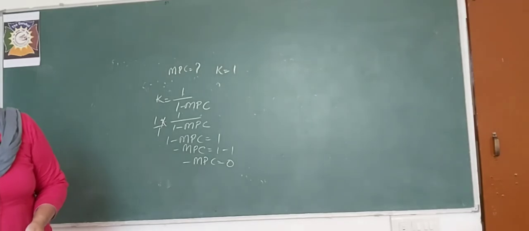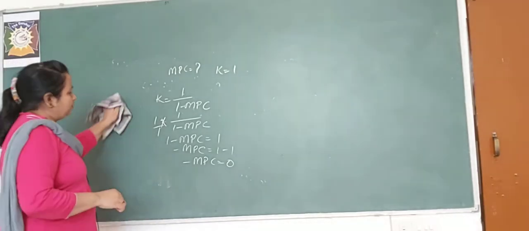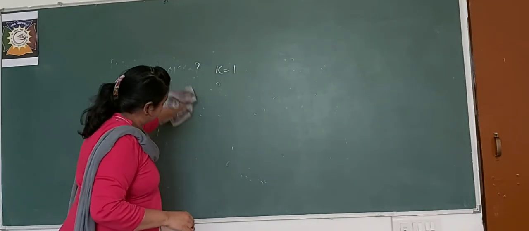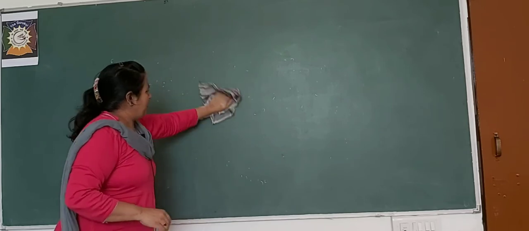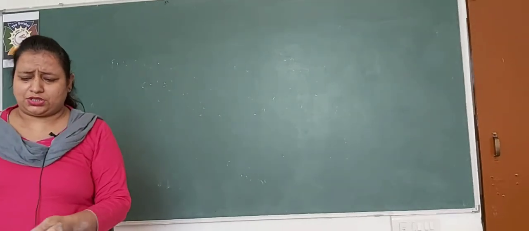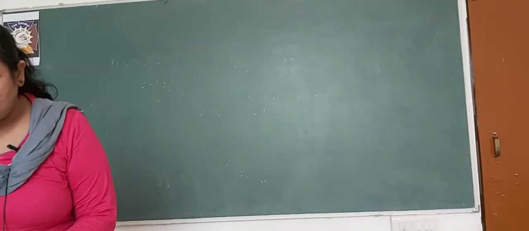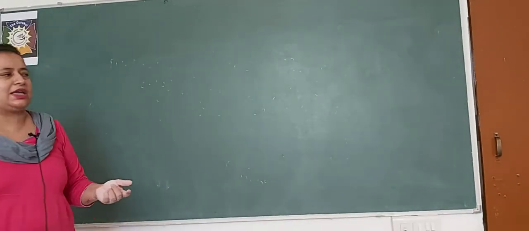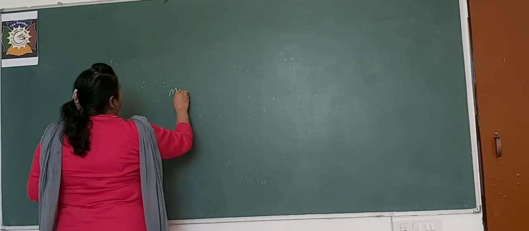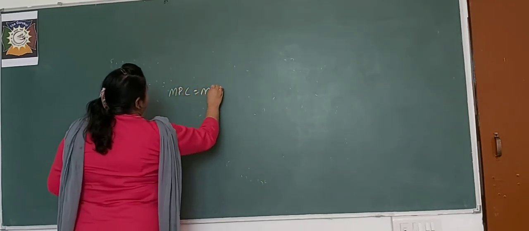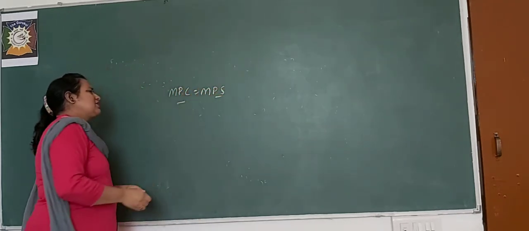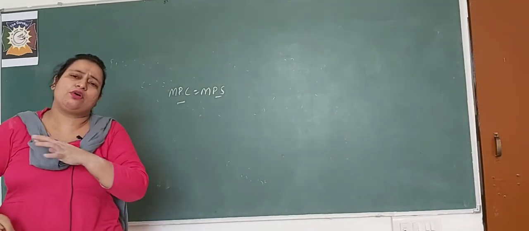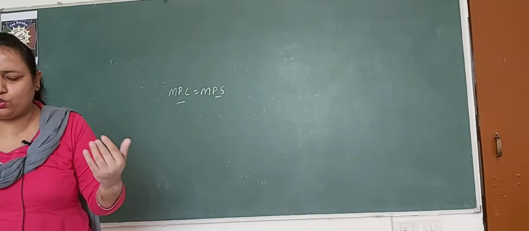So next question I will start now. Last question of this chapter: when MPC and MPS are equal, if MPC is equal to MPS, if both are equal, we know this thing, the value of MPC plus MPS is equal to 1.